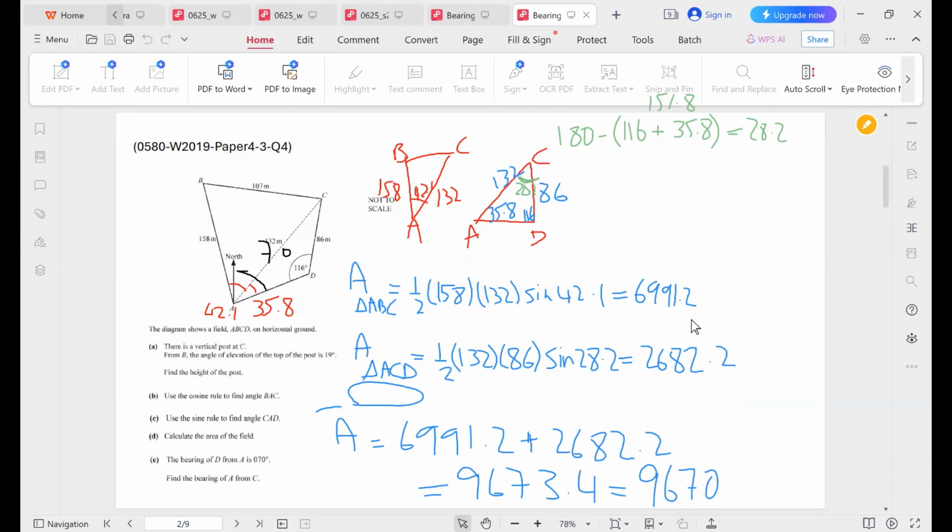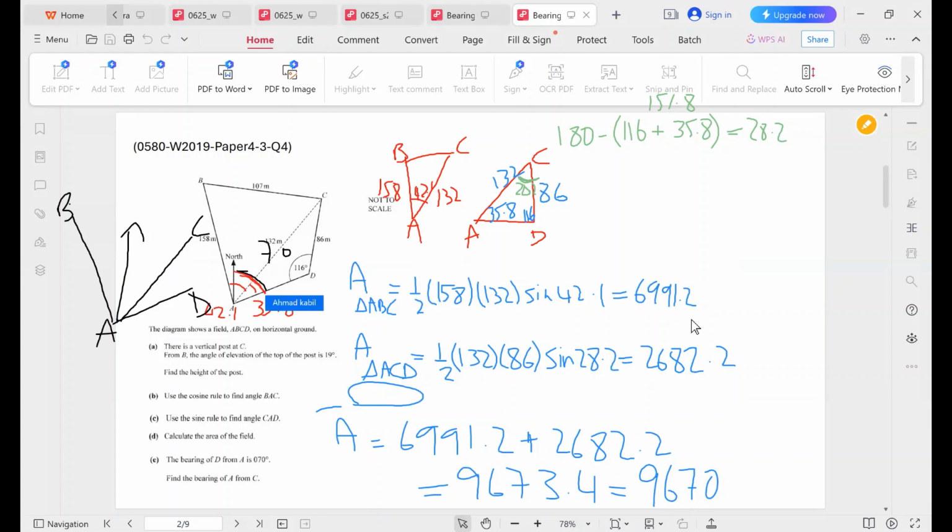So let me make this a bit clearer by drawing it outside. So we have this big angle here, and then we have a dashed line here that goes this way, and we have north. We have C here, we have D, we have A, and B. So the bearing of D from A would be from the north clockwise to the line AD.